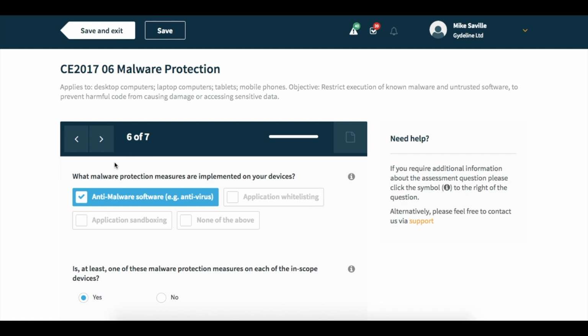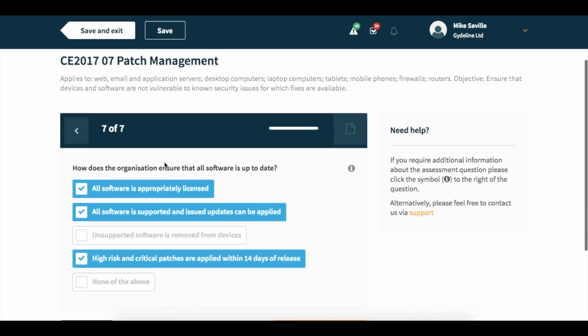Do you have spam control? And finally, it talks about keeping things updated because, as hopefully you're aware, there are new vulnerabilities being identified all the time. So it's important that you keep things updated. So that's just a very brief overview of what's covered in Cyber Essentials. Hopefully you can see it's not too complicated.